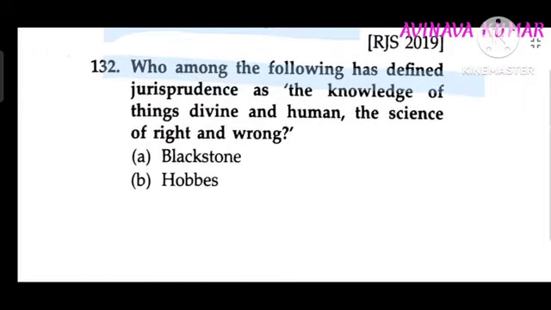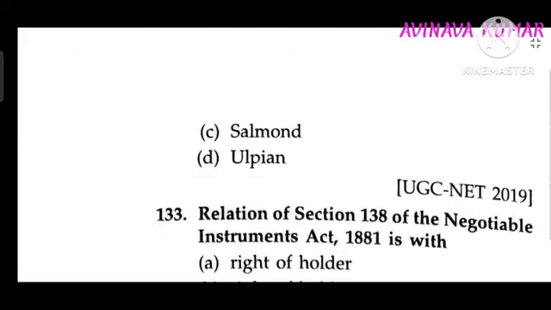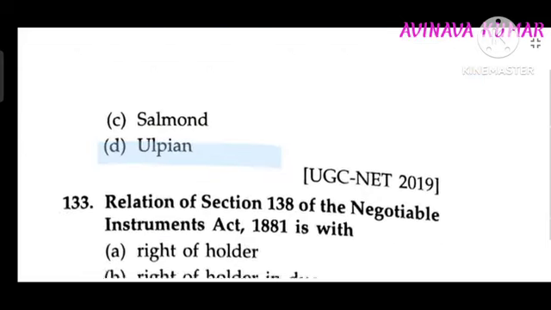Who among the following defined jurisprudence as the knowledge of things divine and human, the science of right and wrong? Ulpian.